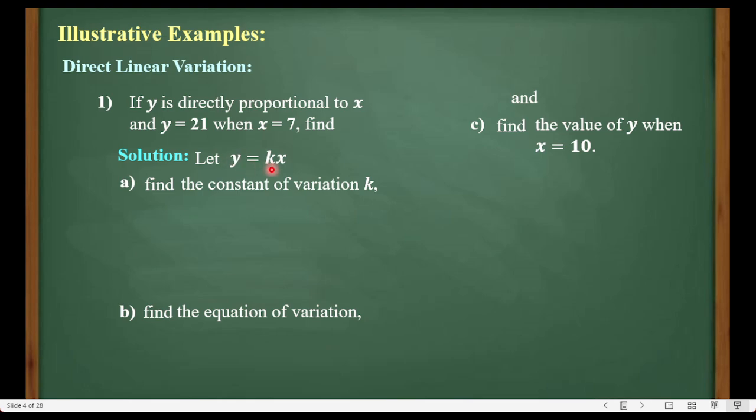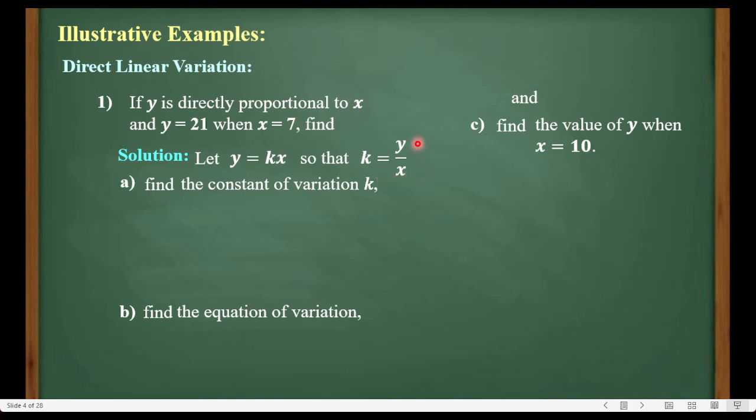From this equation, we can transform it, solving for k, and the equation becomes k is equal to y over x. It's just a matter of cross multiplication in order to isolate k from this equation. And this is the result.